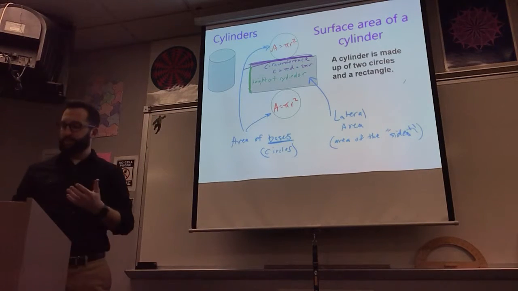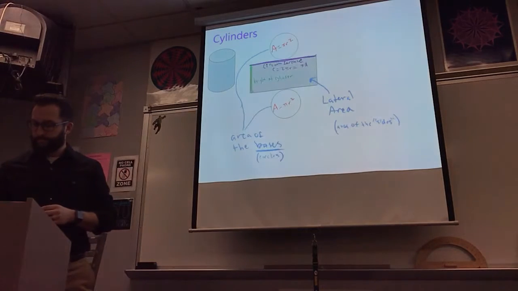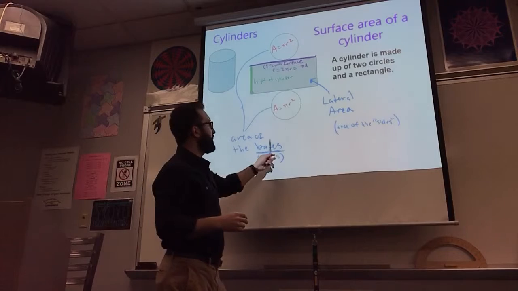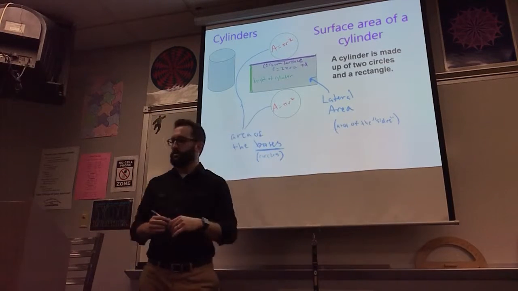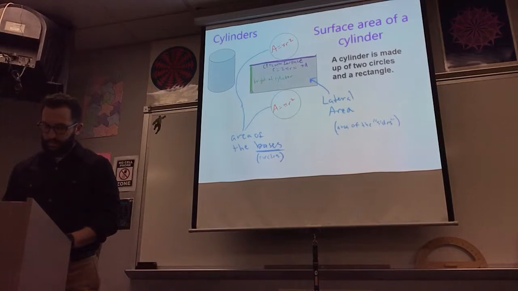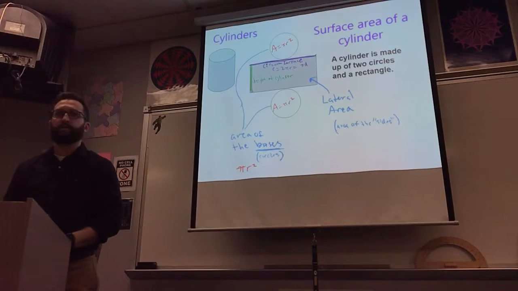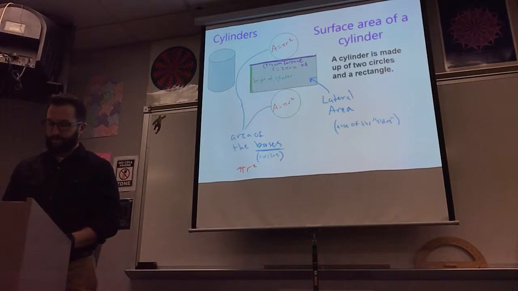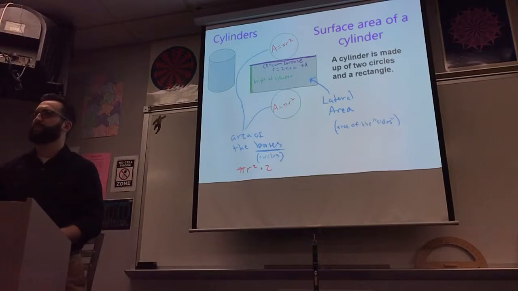So what are we going to do with this? We've got this area, and then we've got this area. The area of the bases is pi r squared. How can we finish that? Times 2, right? Why times 2?